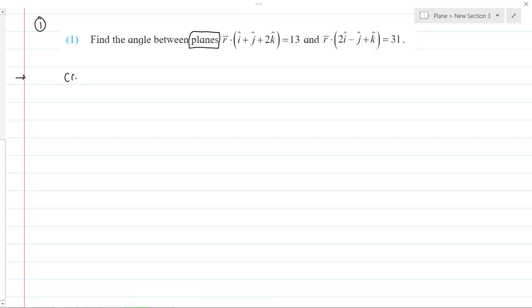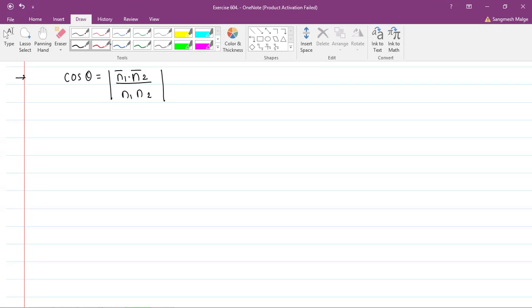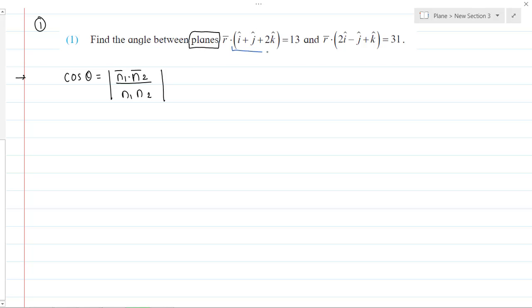I will have cos theta equals n1 bar dot n2 bar upon n1 n2. If I compare the given equations with the standard equation, this is my n1 bar and this is my n2 bar.